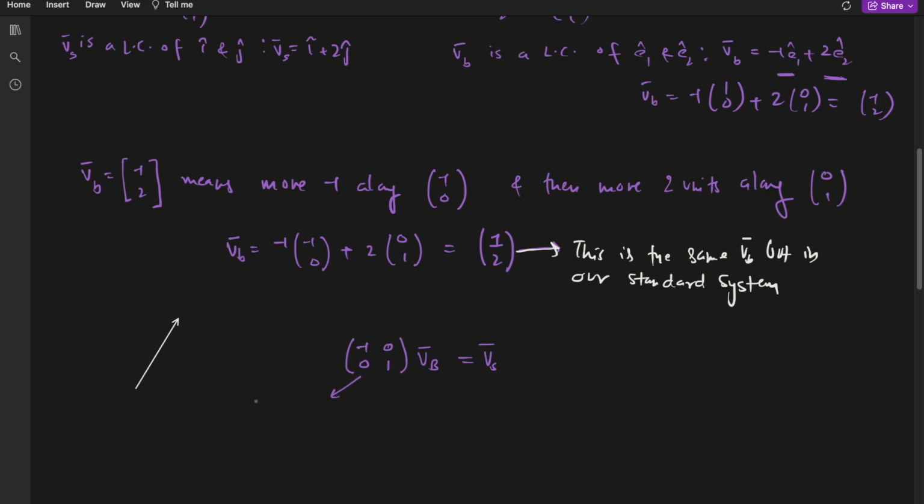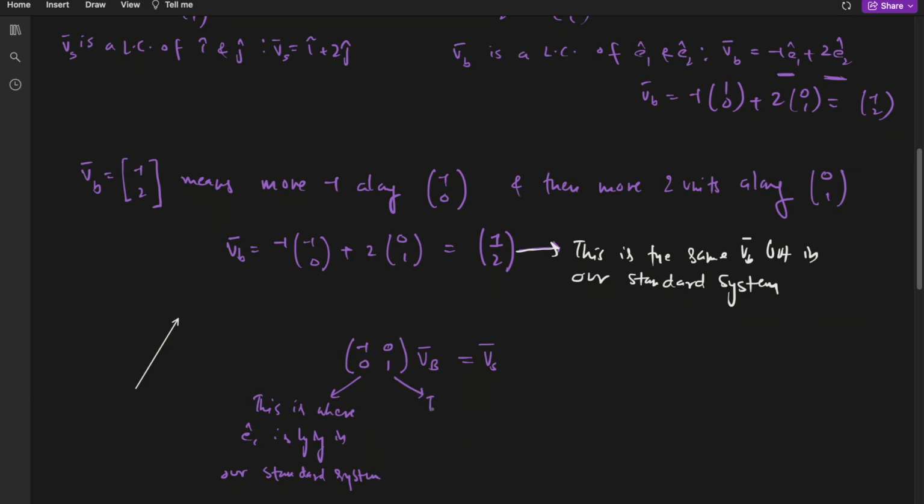So this is where e1 hat, which is Bruce's first basis vector, is lying in our standard system, right?